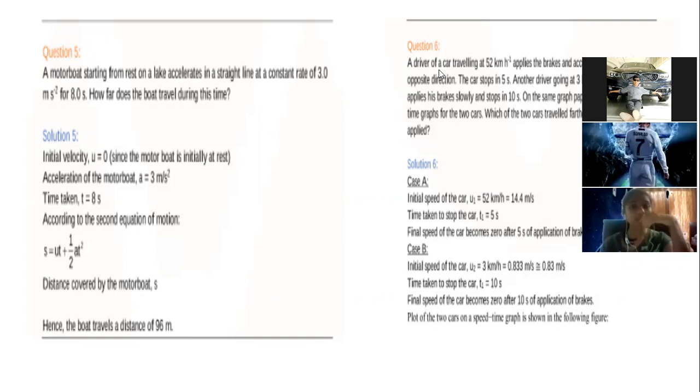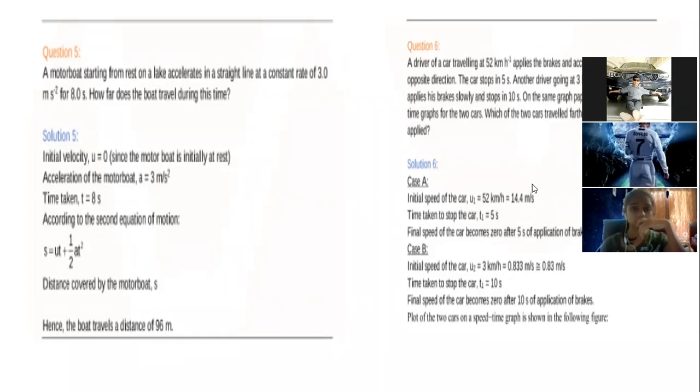Okay, so a driver of a car traveling at 52 km per hour applies the brakes and accelerates uniformly in the opposite direction.